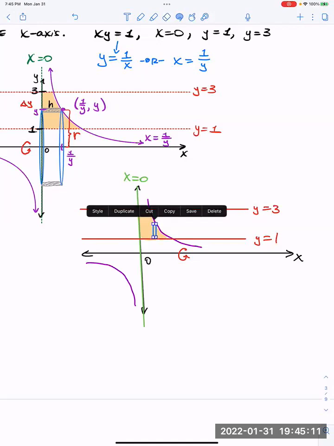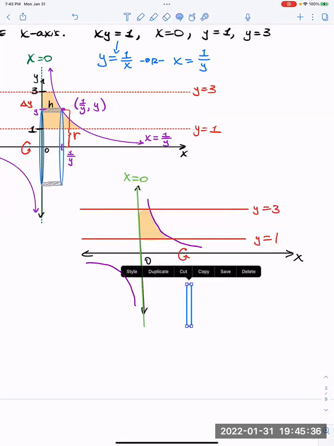It's now bounded between this graph y equals 1 over x and the line y equals 1. So you'd actually have to do two separate integrals, and you have to split it up at this intersection point.